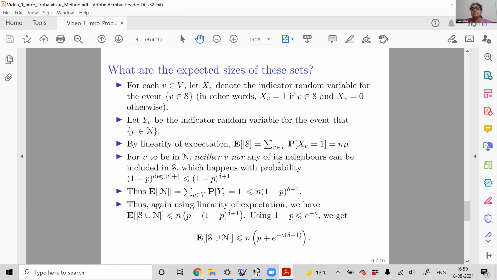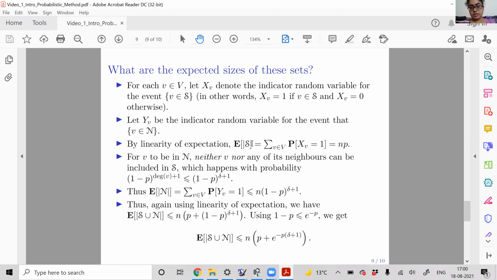So what would be the expected size of the set S? This is not hard to see, because each vertex of the vertex set capital V is being included in the set S with probability P, and there are a total of n vertices in the vertex set capital V. So the expected number of vertices that are included in S should be n times P. This is what I have written here.